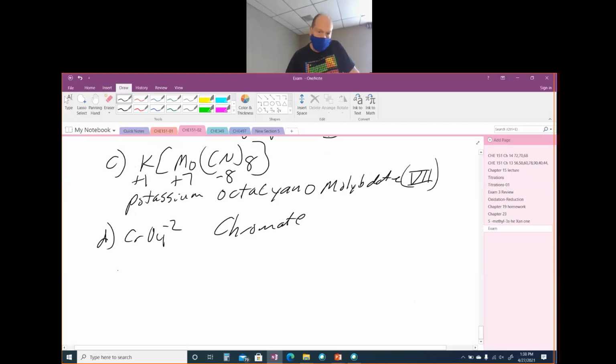Chromate would be the name of that polyatomic ion, but if we're naming it using the rules, we have a tetraoxochromate, and then this is 4 oxygens, so that's -8, so this has to be a +6, and so that's chromate 6.